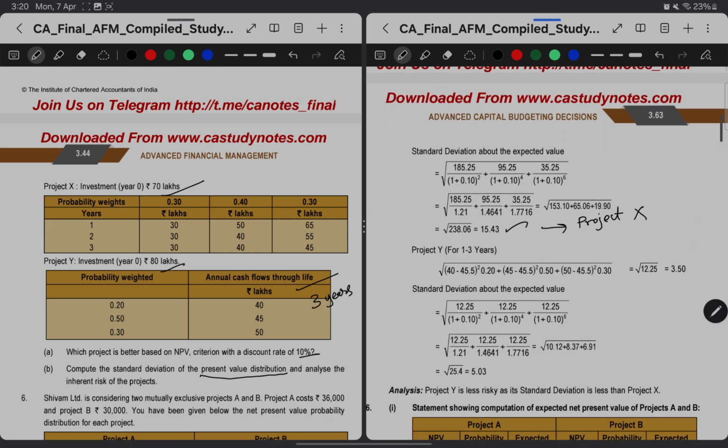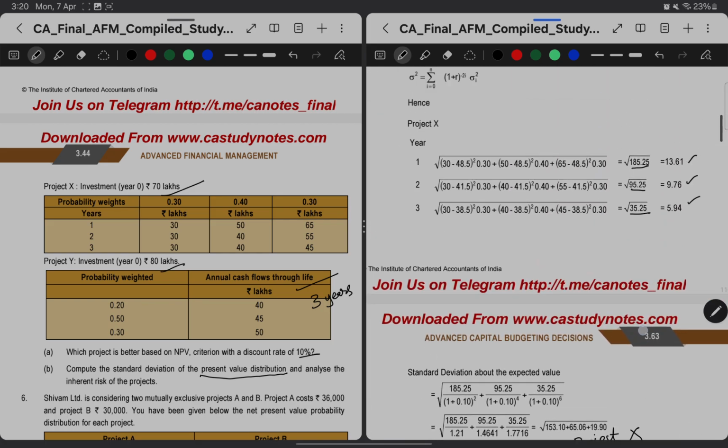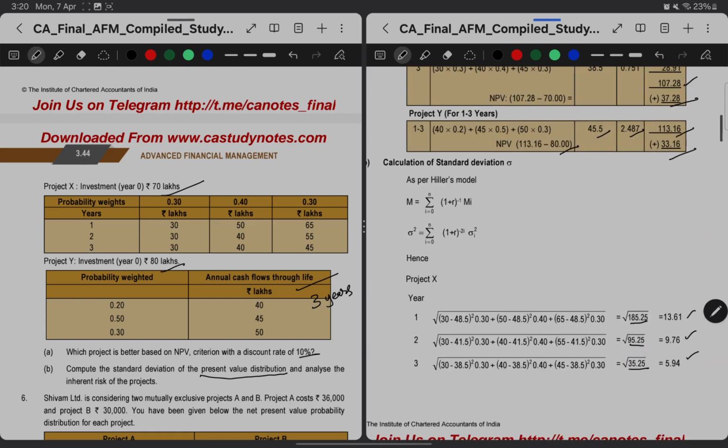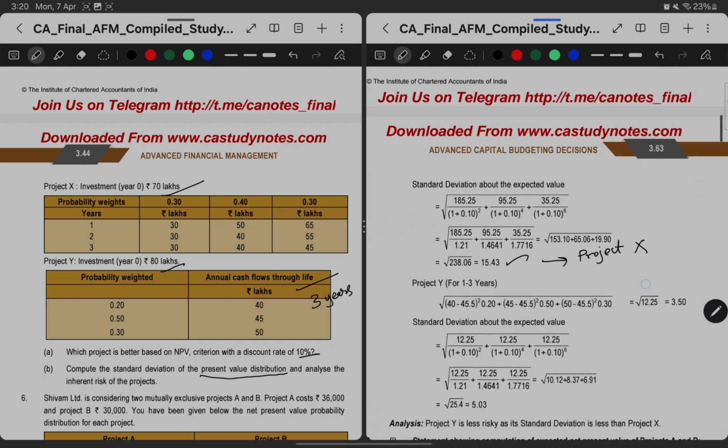And for project Y, same way, we have the expected cash flow of 45.5, then reducing with each cash flow and squaring the difference, multiplying with the probability, then adding all, we'll get the variance, which is 12.25. Square rooting that, we'll get the standard deviation 3.5.